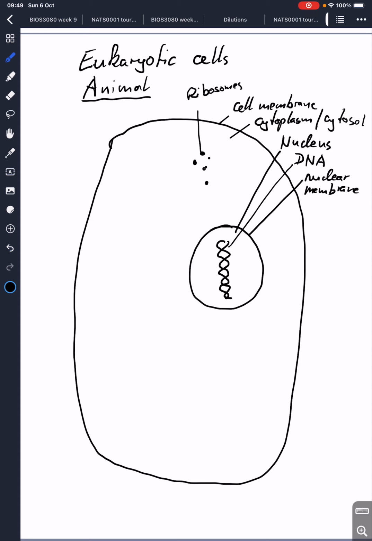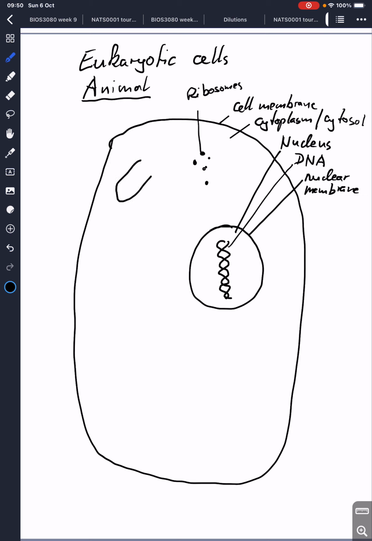But here we see a very characteristic difference to the prokaryotic cells. Here we have this nicely formed nucleus.